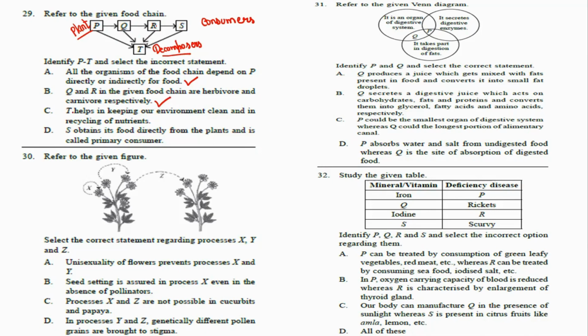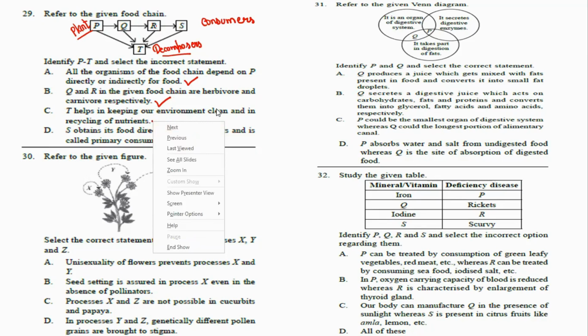Option C says T helps in keeping our environment clean and in recycling of nutrients. Yes, T is the decomposers, and definitely decomposers help to keep our environment clean. It recycles, right? Whenever the different plants and animals are dying, they are decomposed by the decomposers. So decomposers have a very crucial role in keeping the environment clean.